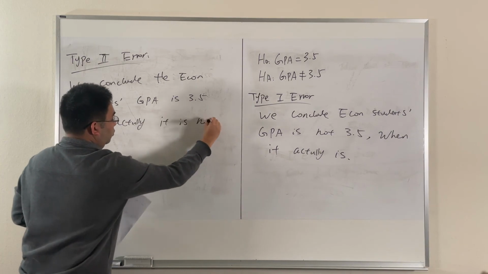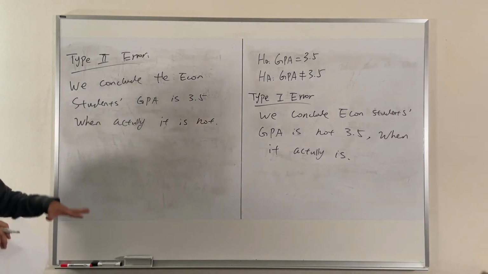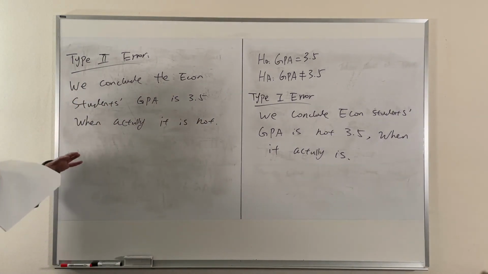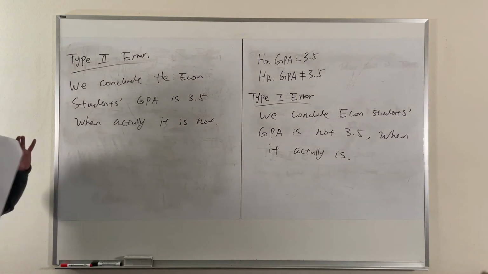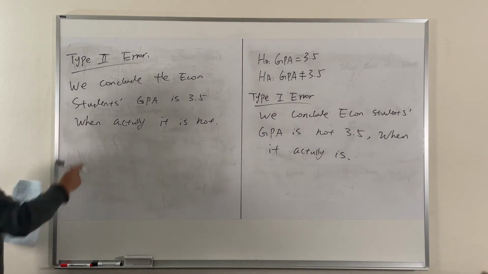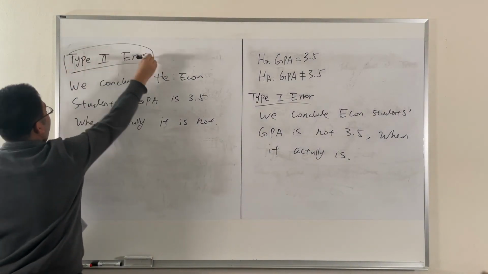So when the null is false, when econ student GPA is not 3.5, but we say it is, we fail to reject the null when the null is false. And this is our type 2 error.